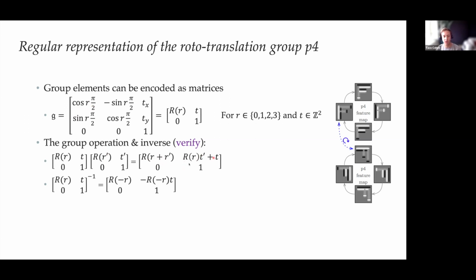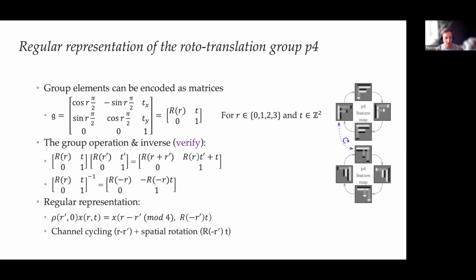And the way the rotations and translations compose is that the rotation of the first group element acts on the translation of the second one, and then you add the translation of the first one. It's just a matter of linear algebra. You can verify this, and also verify that if you apply this roto-translation and this roto-translation to a point, that's the same as applying this combined roto-translation. Similarly, you can do an exercise to verify that the inverse of this matrix is given by this matrix, which is again an element of this group.